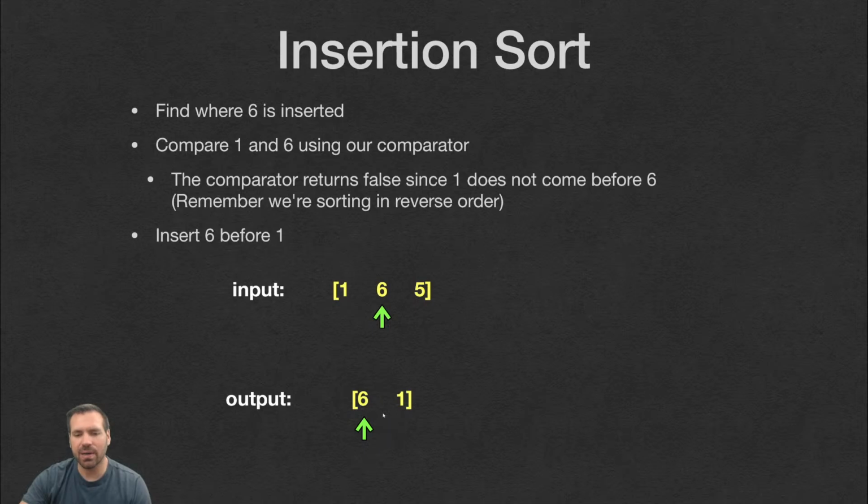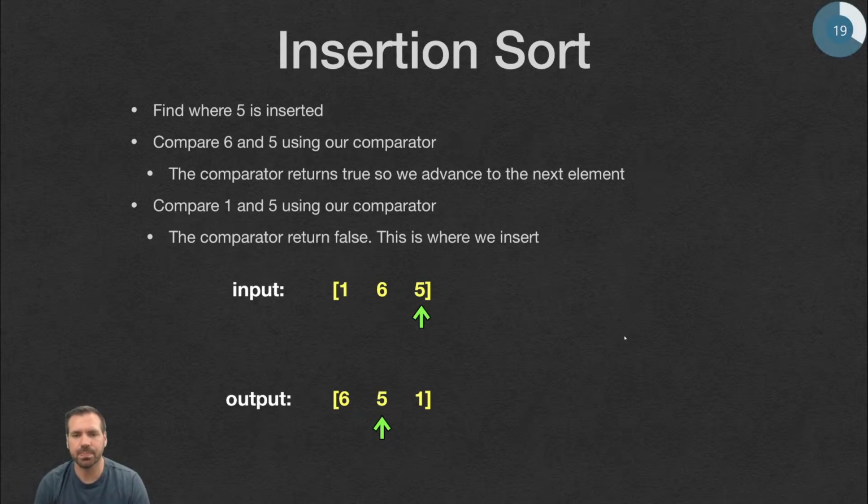We're going to insert 5 right in between 6 and 1. 1 is going to move down to index 2. And now we've gotten to the end of the input, so we're done. And that's our sorting algorithm. For every value in the input, count the number of values in the output that come before it and insert it at that index. That's our whole insertion sort algorithm.